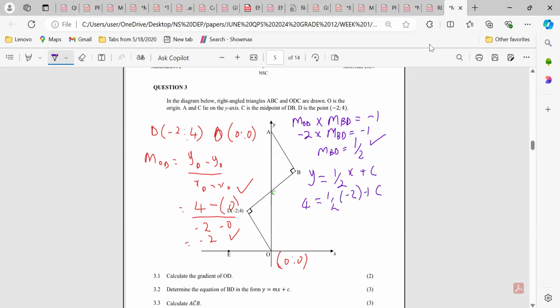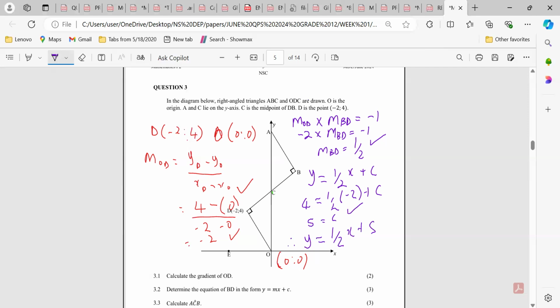Don't be lazy to multiply, you get -1. You take the -1 to the other side, and we have c equals 5. That gives you another mark for c. Therefore, the equation is y equals 1/2 x plus 5. Are you sure? Yes. Okay.